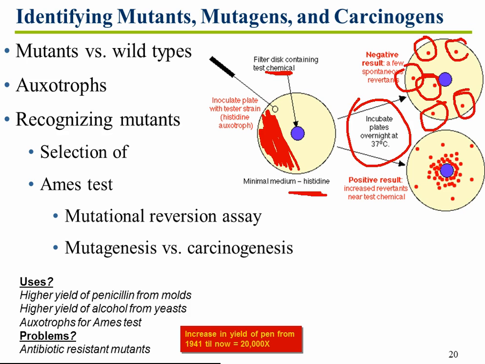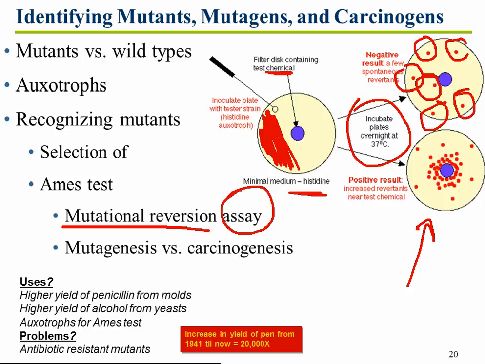But look down here at the bottom, and you'll notice bunches and bunches of colonies growing right around the chemical. The chemical is having an effect. It is reversing the mutation. That's why this is called a mutational reversion assay. Assay means test. This is a weak mutant that will revert back to wild type if the chemical is mutagenic.